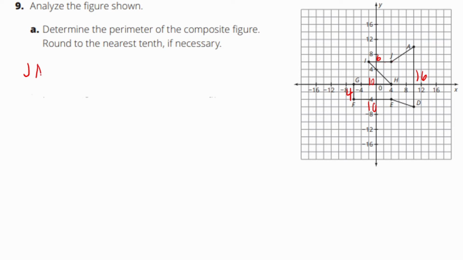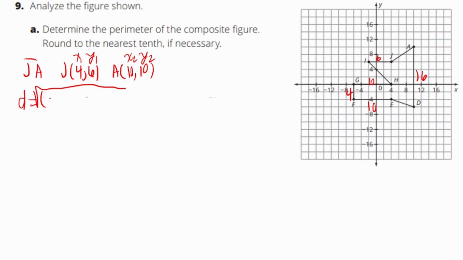Line JA, right? J is at what coordinate? 4, 6. And then A is at 10, 10. So we're going to have to use the distance formula here. D equals, then we get x1, y1, x2, y2. We plug everything in. Square root of x2, 10 minus x1, 4 squared, plus y2, 10 minus y1, 6 squared.